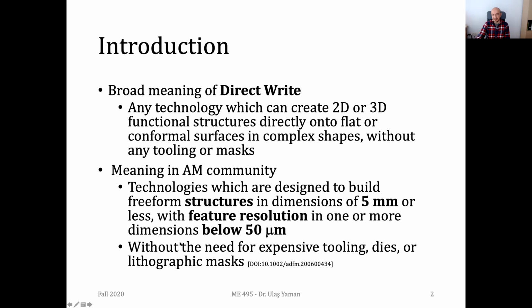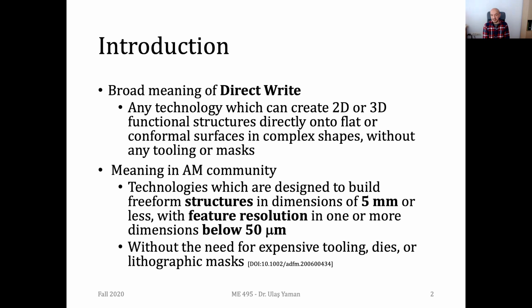Our aim is to obtain these products without using any expensive tooling, any die, or any lithographic mask. Probably you're aware that there are different manufacturing technologies where you can produce such smaller items having small features, but they all require highly expensive tools and machines.